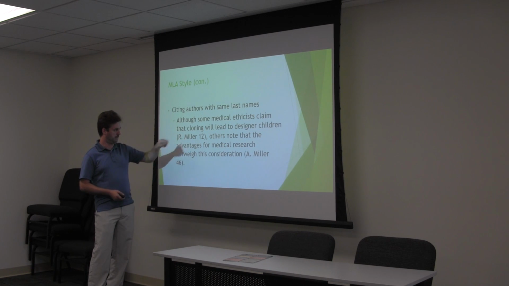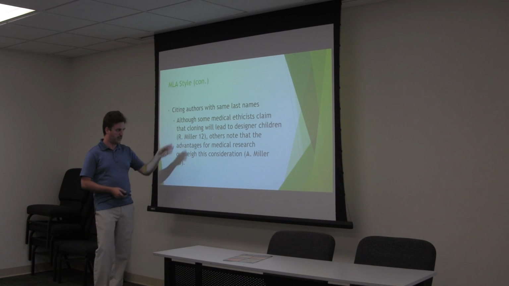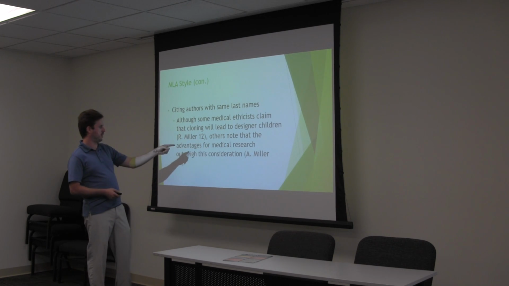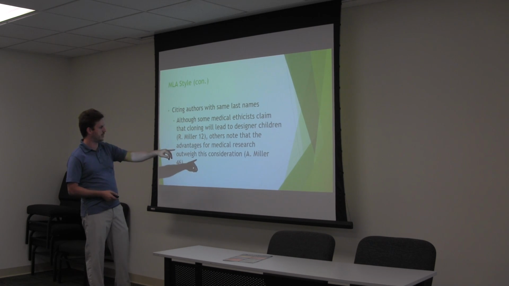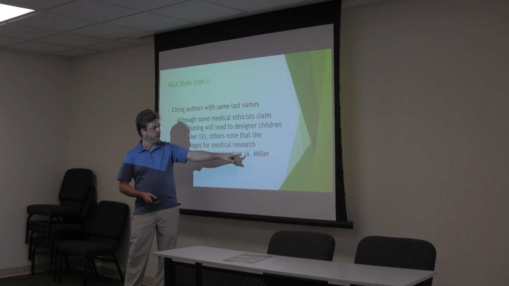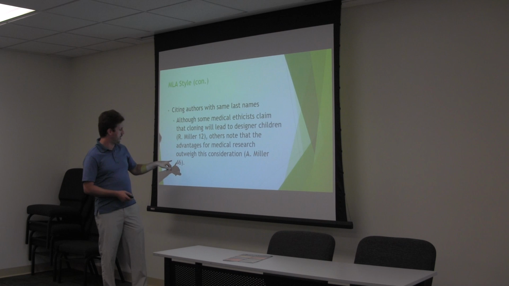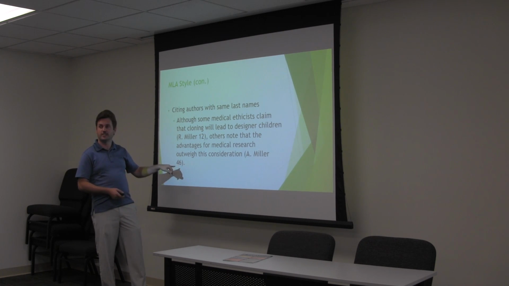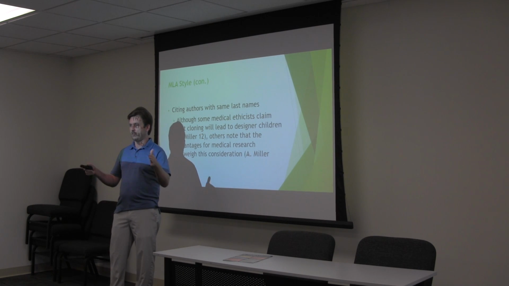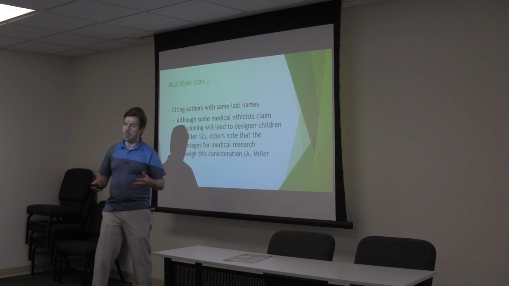Others note that the advantages for medical research outweigh this consideration (A. Miller 46), and that's the other author. So we use the initial of their first name to separate the two if they have the same last name. That's how you would do that.